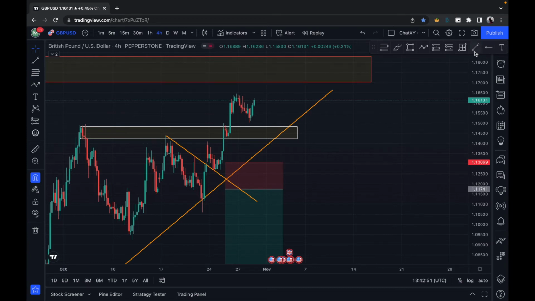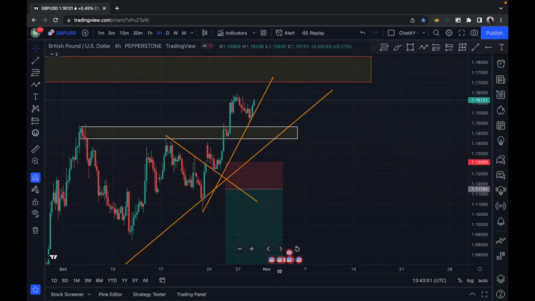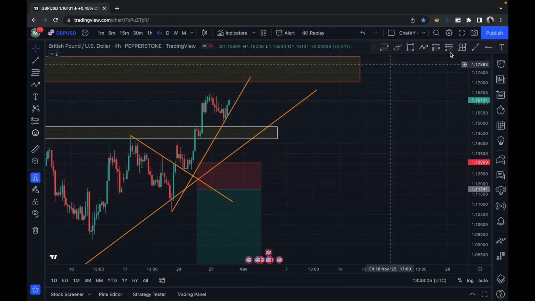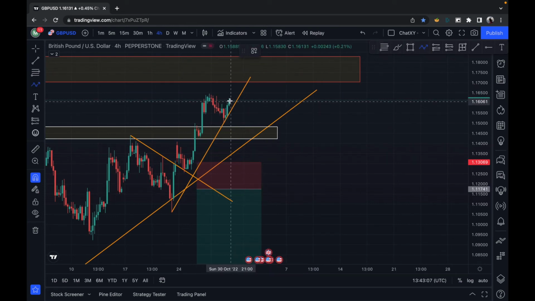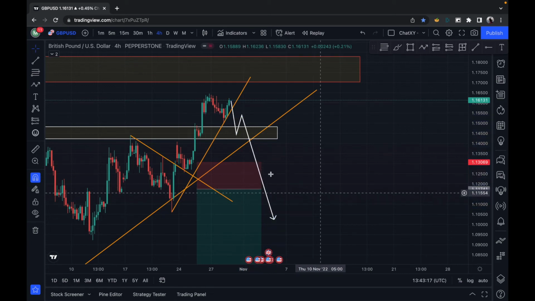So I can still modify this entry by doing this from this point, and then wait for a breakout of trend line from this point. If market breaks out of this trend line, something like this, and then go for a retest somewhere here, maybe at 50% of the movement, then I can take my entry and then come down from there.